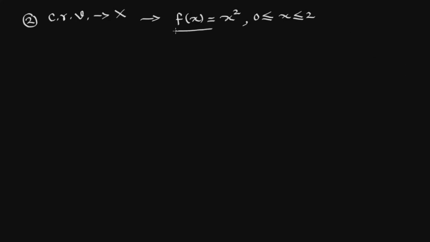In the second problem, a continuous random variable x has probability law function f(x) equals x square, 0 less than or equal to x less than or equal to 2. We have to find out whether this function is a probability density function, and if not, then we have to find out the normalizing factor k.